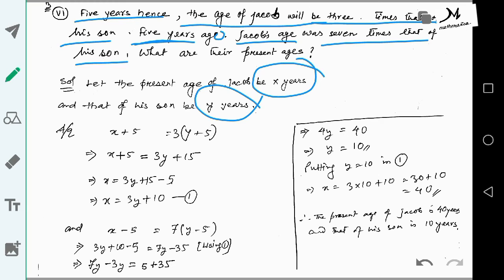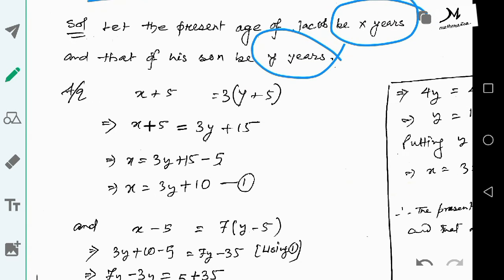So if Jacob is now x years old, then after 5 years he will be x plus 5 and his son will be y plus 5, and according to the question, Jacob's age will be 3 times that of his son.